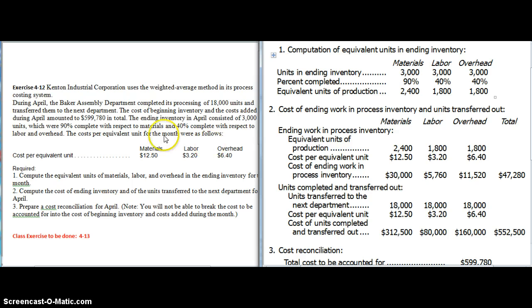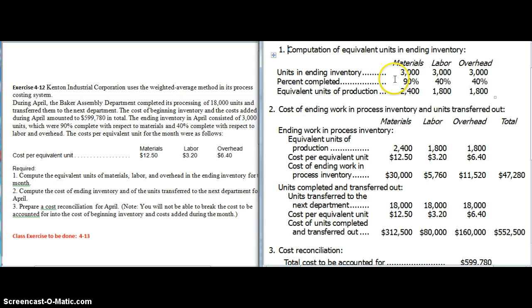Now what you're required to do is compute the equivalent units of material, labor, and overhead in the ending inventory for the month. To start, you first write down the units in the ending inventory given in the question. The ending inventory has 3,000 units.